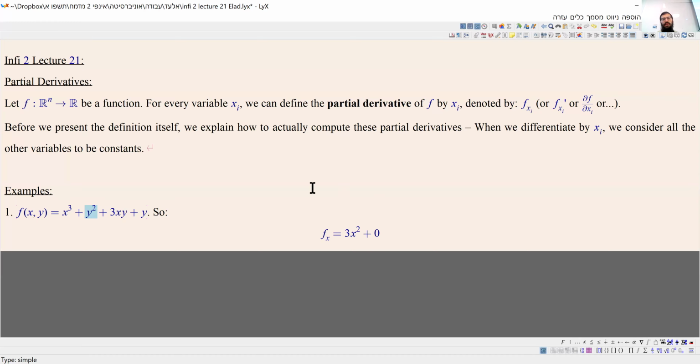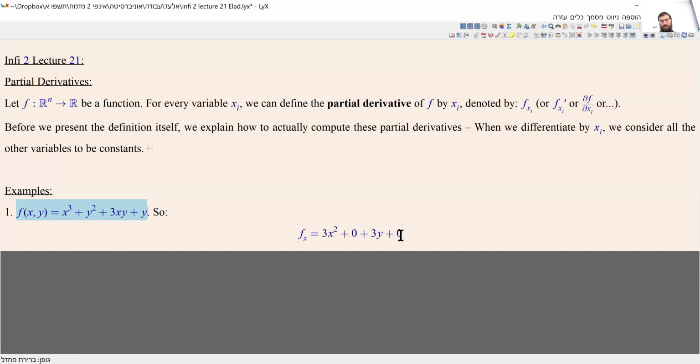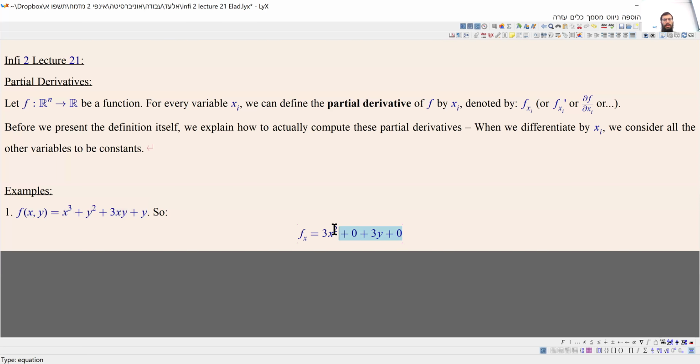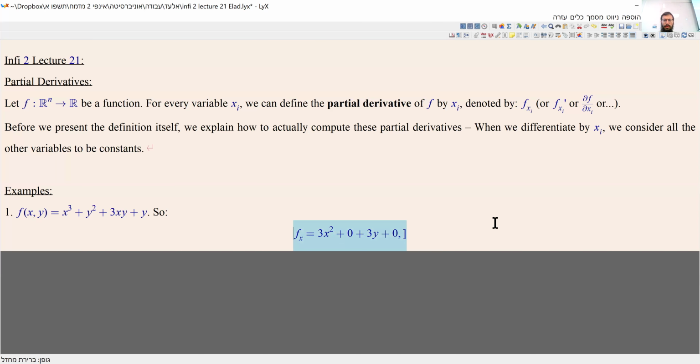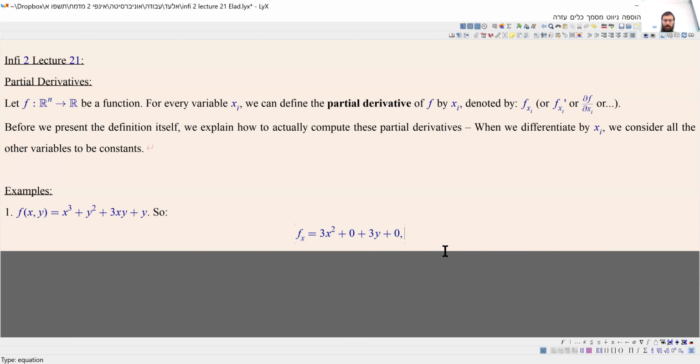The derivative of a constant is 0. Now, the derivative of 3xy: we consider y to be a constant, so it's like 3y, like 15, multiplied by x. We are left with 3y. And again, the derivative of y is 0. Of course, we don't have to write down plus 0. We could take 3 as a common factor, but I just want to show you how to compute the derivative, so arranging them nicely is not very important to me.